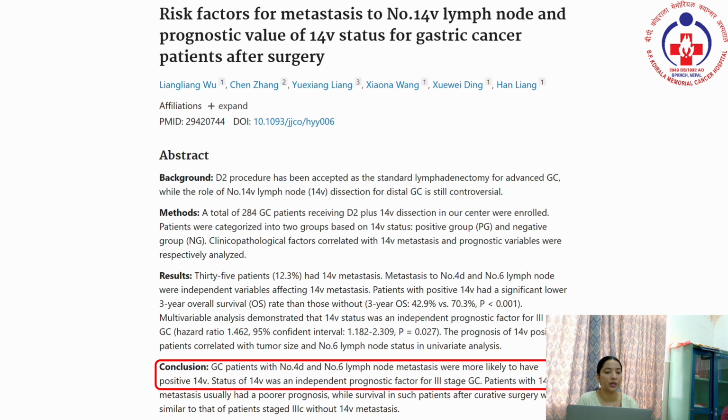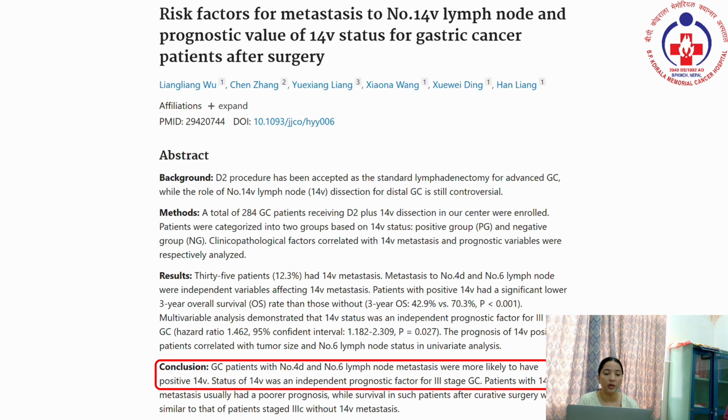This is also a Japanese article where the risk factors for metastasis to the level 14V lymph node and its prognostic value have been given, and this also supports that the status of the 14V lymph node is an independent prognostic factor for stage 3 stomach carcinoma.